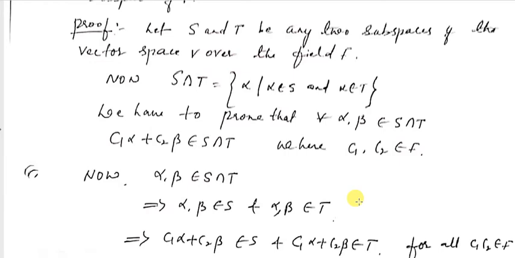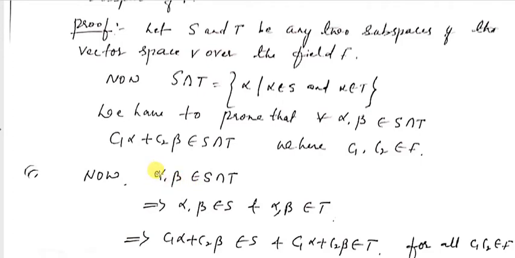So we just have to verify vector addition and scalar multiplication. Here it is enough to take the condition of the corollary, C1 alpha plus C2 beta. To prove that C1 alpha plus C2 beta belongs to S intersection T, I will take two elements alpha, beta belonging to S intersection T. What does this imply?